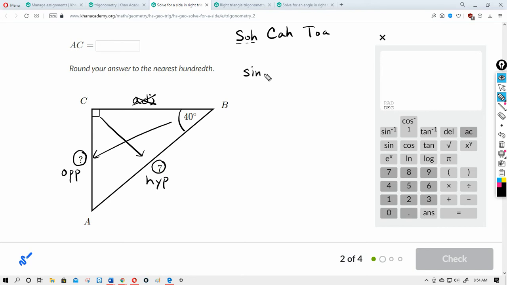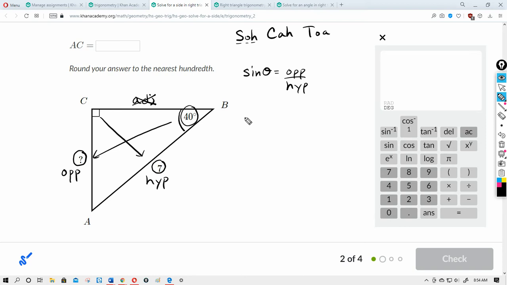And the formula is the sine of theta equals opposite over hypotenuse. Remember theta is your angle. So we have 40 degrees.